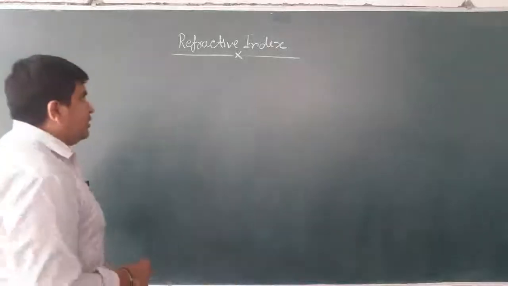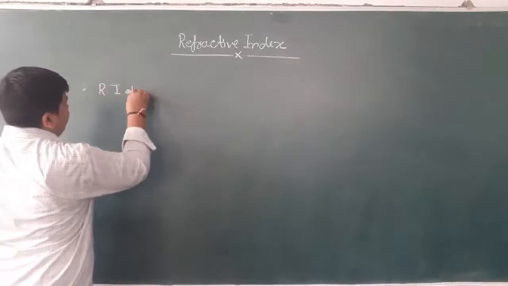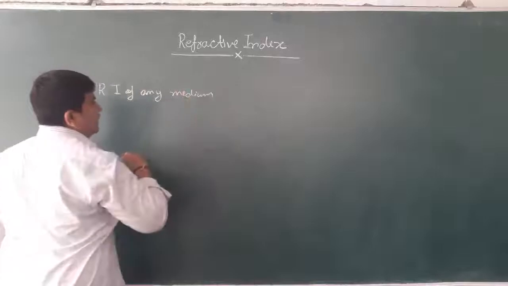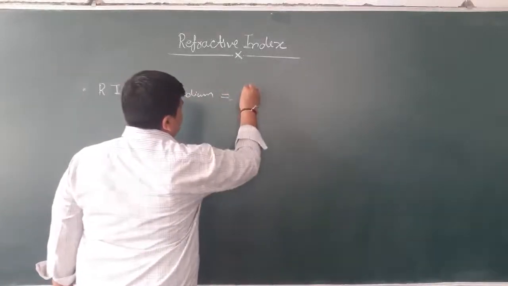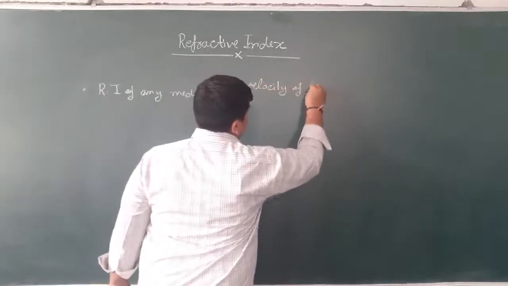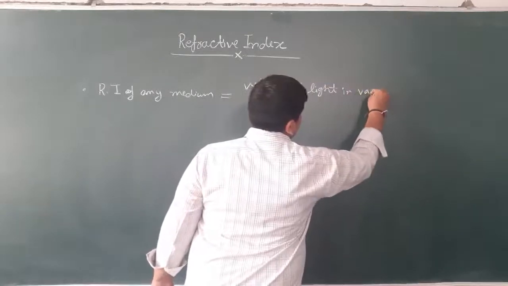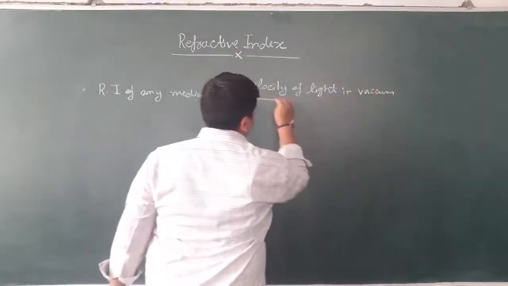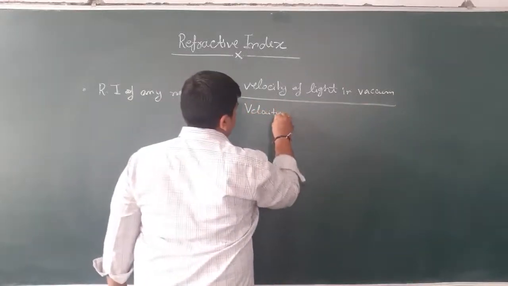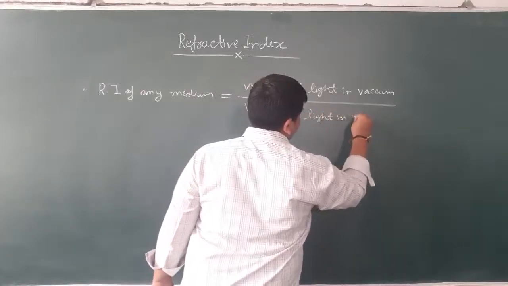The refractive index of any medium is equal to the velocity of light in vacuum to that of the velocity of light in the medium.